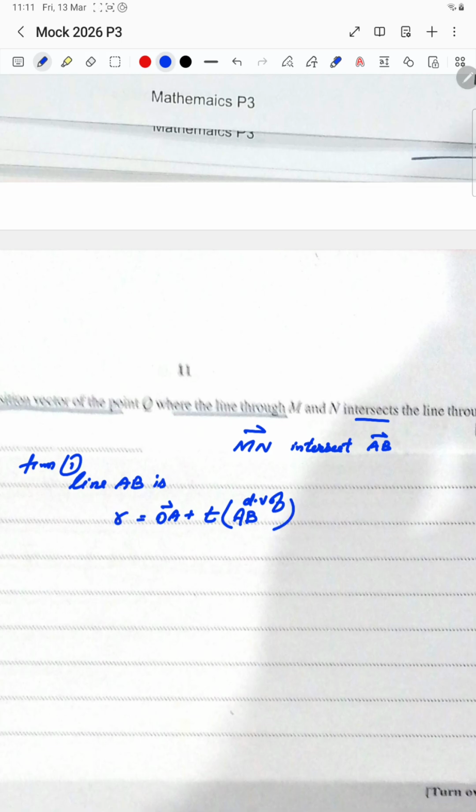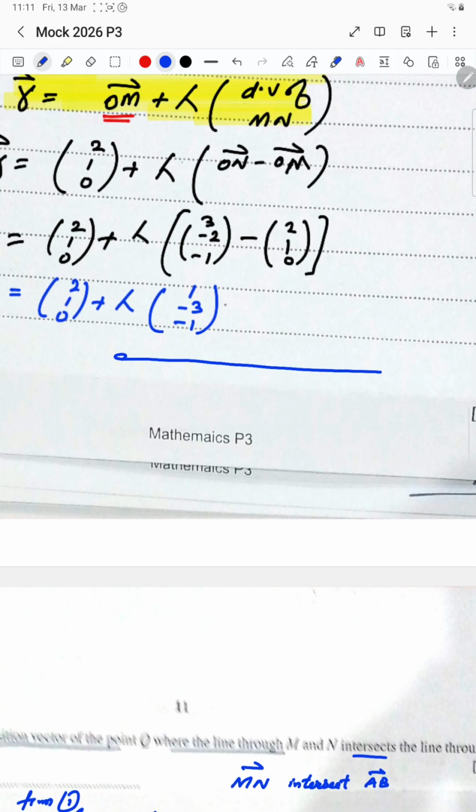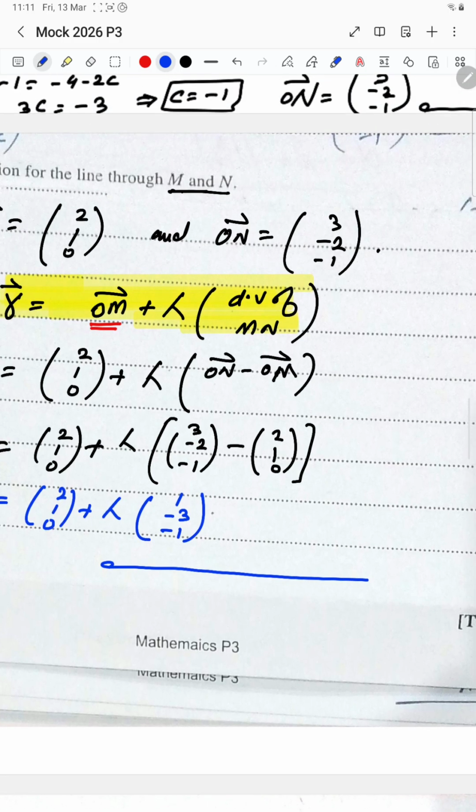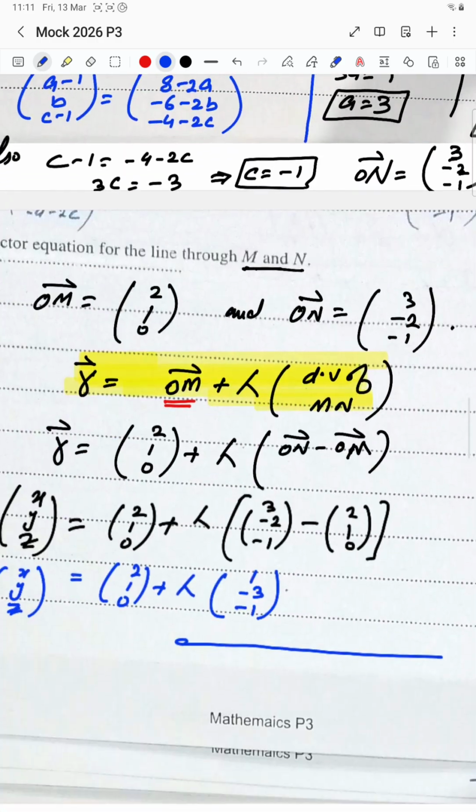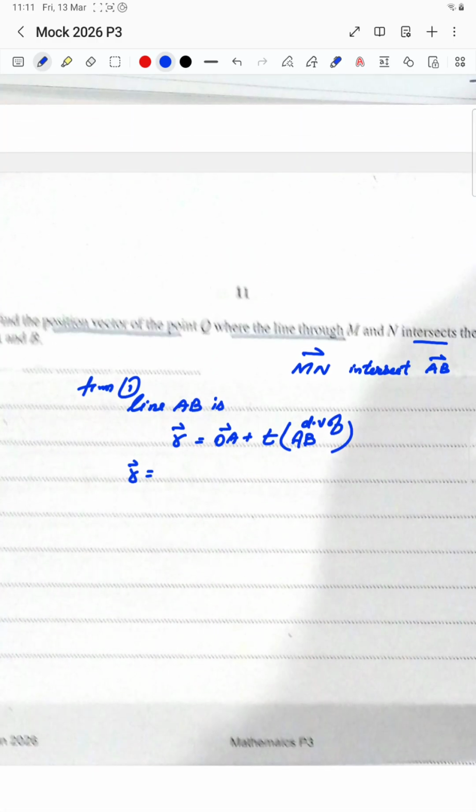First we need to calculate this. OA is given at the start of the question. Yes, it is (0, 5, 2). So r equals (0, 5, 2) plus t times the direction vector of AB, that is OB minus OA.